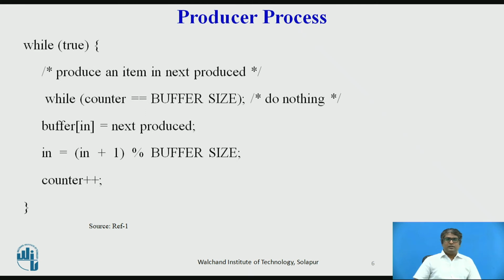Here we explore how concurrent or parallel execution can contribute to issues involving the integrity of data shared by several processes. Let us consider an example of how this can happen. We will discuss a model of a system consisting of cooperating sequential processes or threads, all running asynchronously and possibly sharing data.